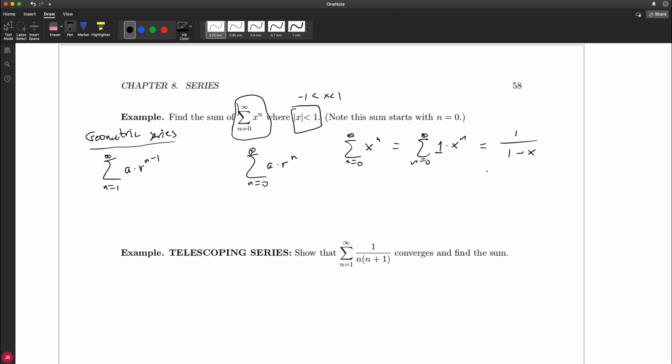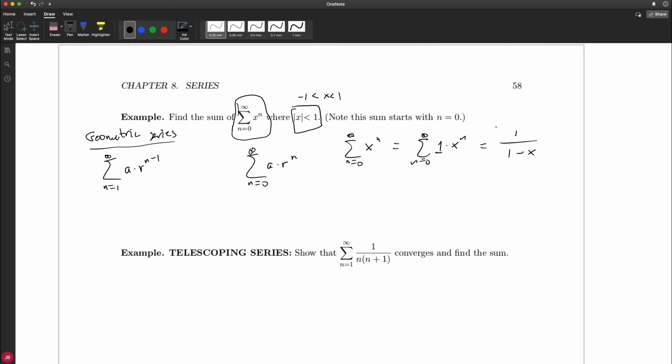And so you can see that eventually what we're going to get to is what are known as power series, where your common ratio will be allowed to be different. What that means is you're going to introduce a variable, right? So this is our first example of what's known as a power series, and you see that this is a function.